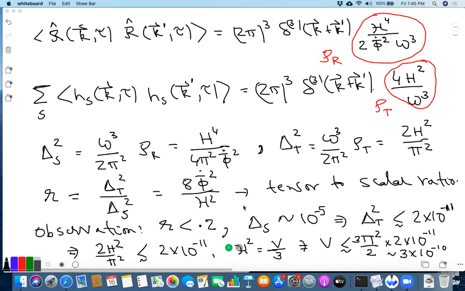In that case, this V is the V near the end of inflation, as long as the slow roll condition is satisfied, meaning the change in H over a Hubble time is small. That's the definition of slow roll. You can still define this V near the end of inflation, because what happened early in the inflation really doesn't matter, since that gets wiped out. It's the last 60 e-folds that control the physics that we see, what you observe in today's horizon.